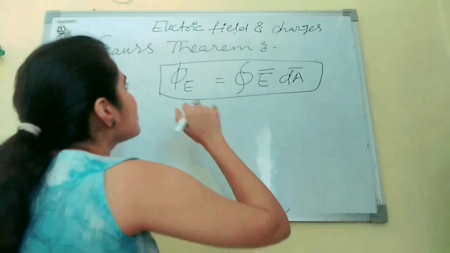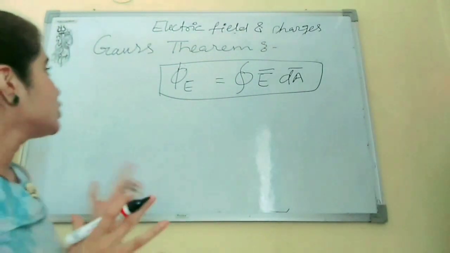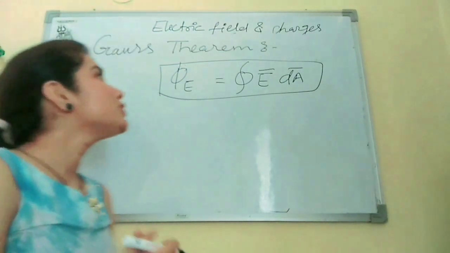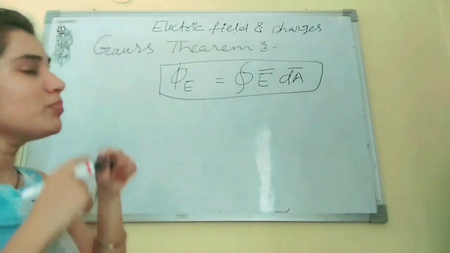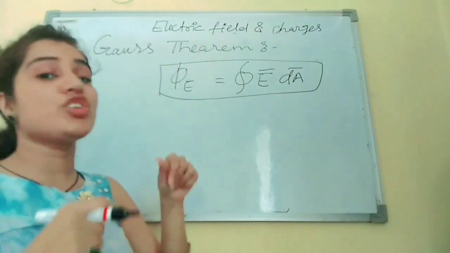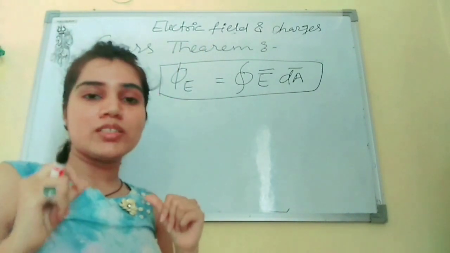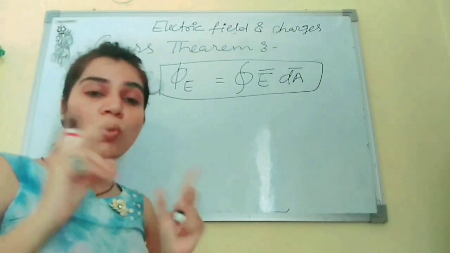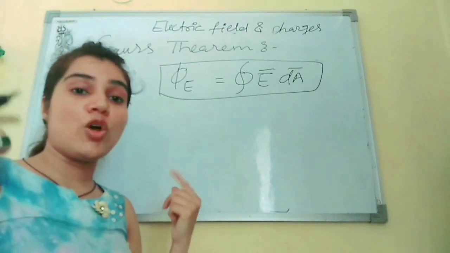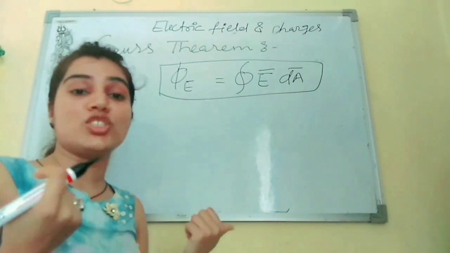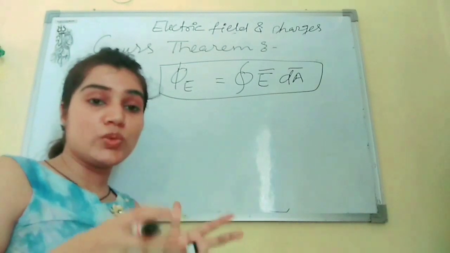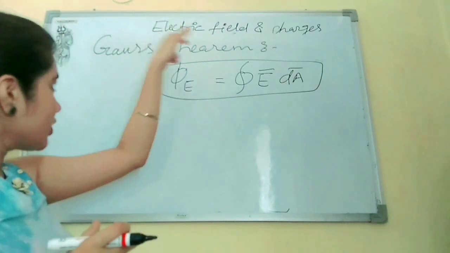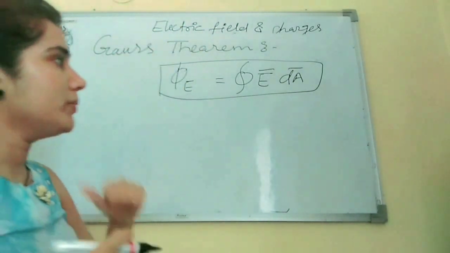Now we will see the Gauss theorem. The Gauss theorem was given by Mr. Gauss. This is a very important theory. This is the first equation of Maxwell, and Maxwell has 4 equations. All 4 equations help us understand the whole theory of electric and magnetic fields. We will discuss further. Now we have just the first equation, which is the Gauss theorem.